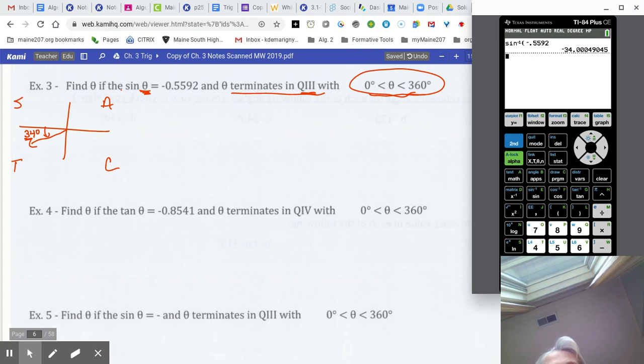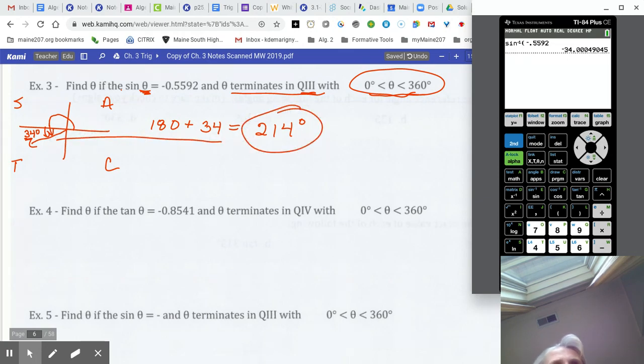So all I'm going to do is take this whole 180 and then add the 34 that I need to get me into the third quadrant. So my angle is the 180 plus the 34, and so that's going to tell me I have 214 degrees. So a 214 degree angle is the one that takes me to the third quadrant. I can only go once around the circle. And so there's my limitation.